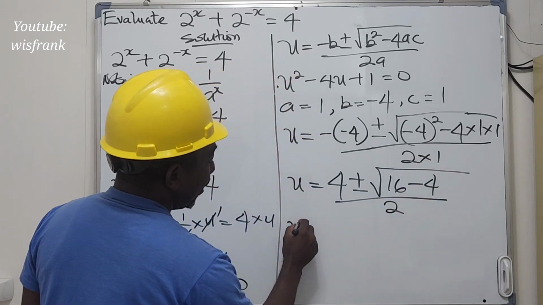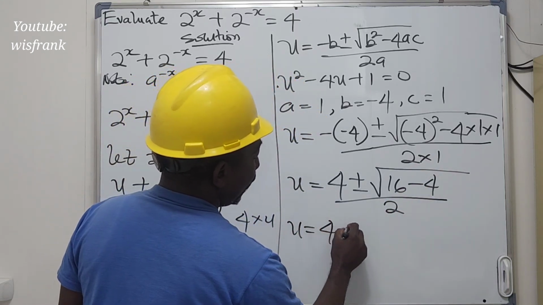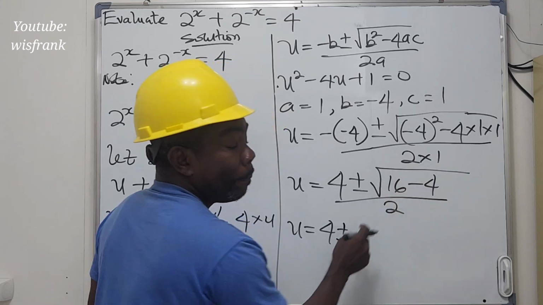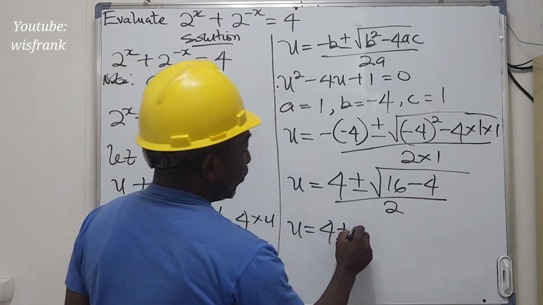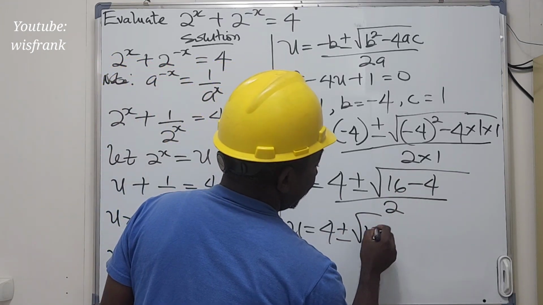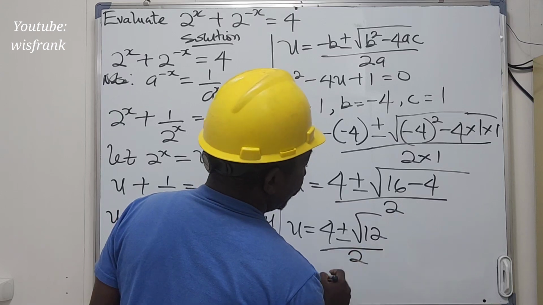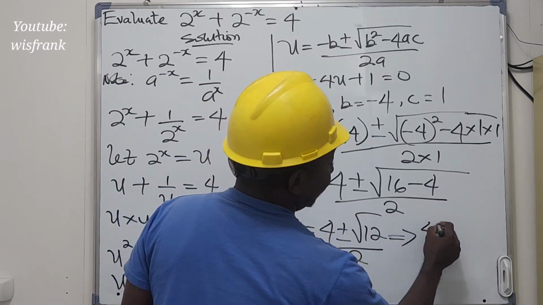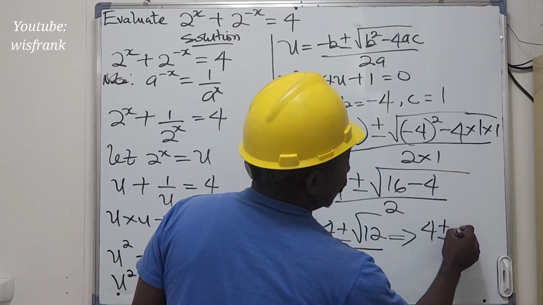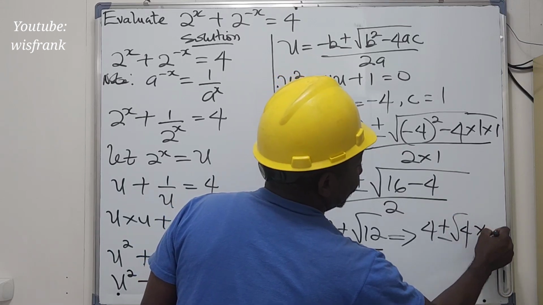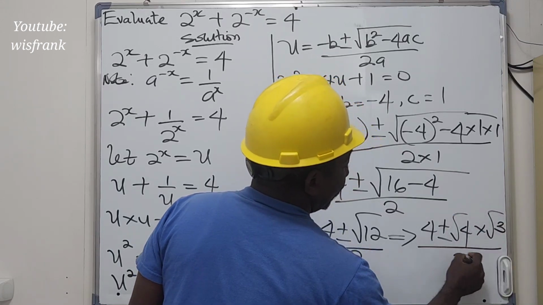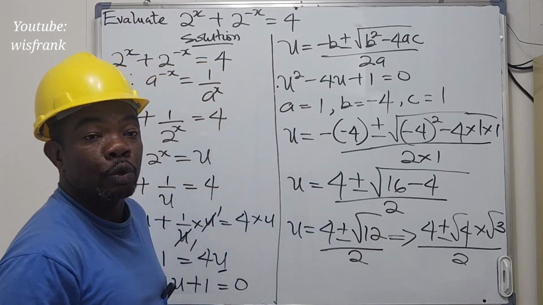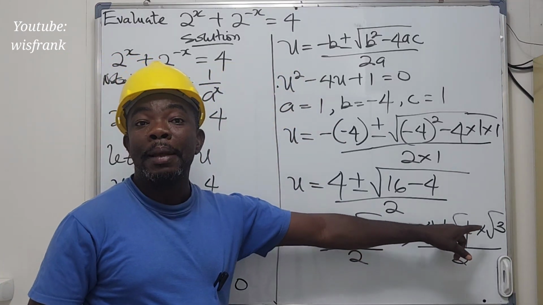So in this case, our value of u equals to 4 plus or minus the square root of 16 minus 4, which becomes square root of 12, all over 2. We can rewrite this as 4 plus or minus square root of 4 times square root of 3 all over 2. We split this 12 into 4 times 3.